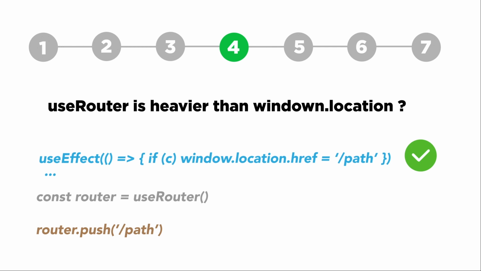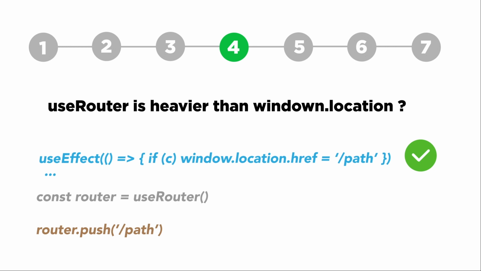Okay, but I believe since window.location is abstract, encapsulated by the useRouter, it's just better to use window.location over useRouter. I'm not saying useRouter is useless. It's not useless, but window.location is much better.